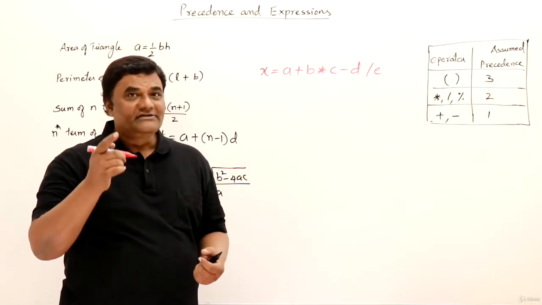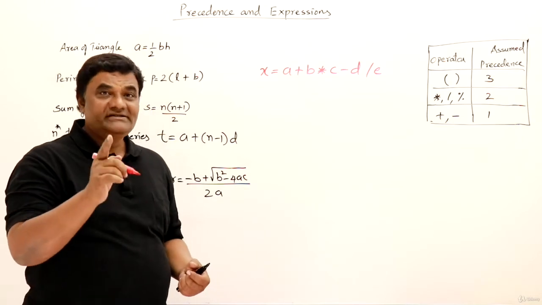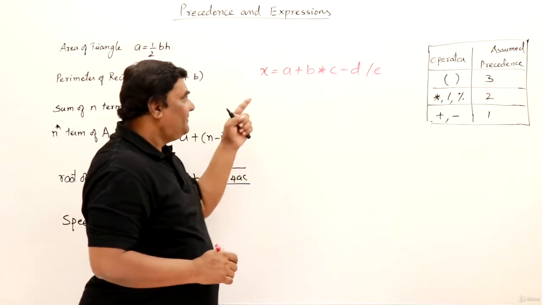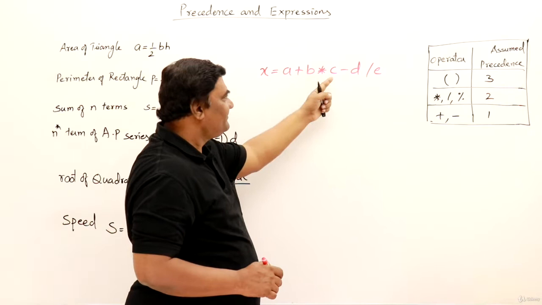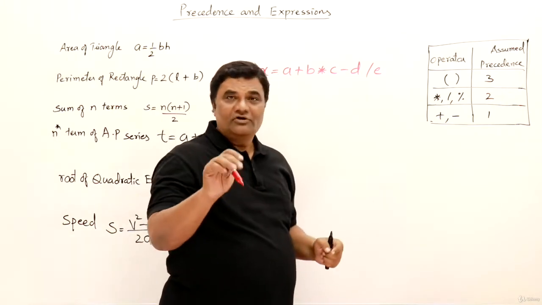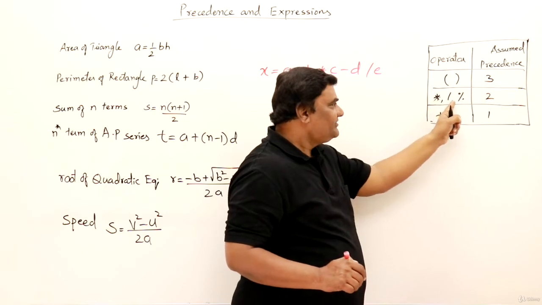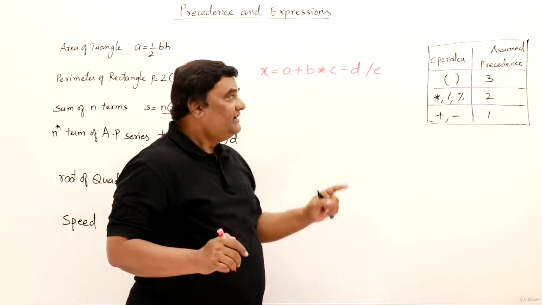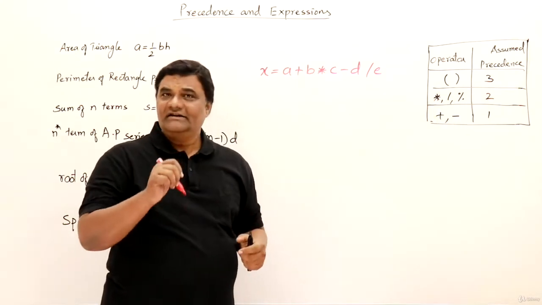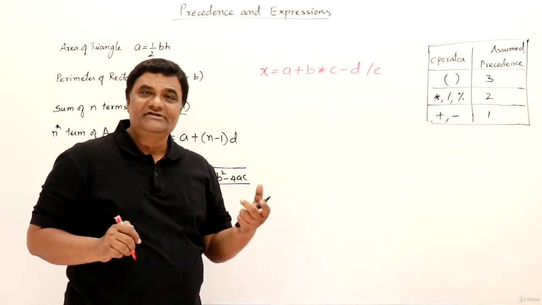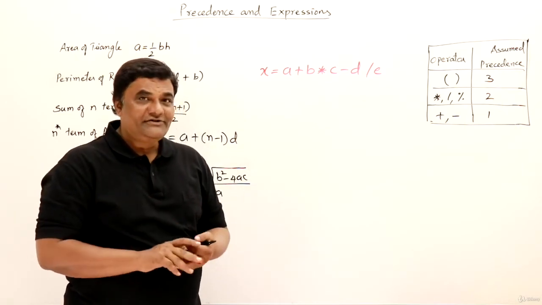That depends on the precedence of the operators. How many operations have I used here? Addition, subtraction, multiplication, division. 4 operations. Now who has higher precedence? Multiplication and division have higher precedence. In this expression both are there. Then which one will get executed first?